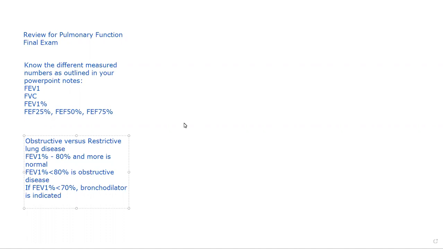So a bronchodilator is given, and then the forced vital capacity is repeated.